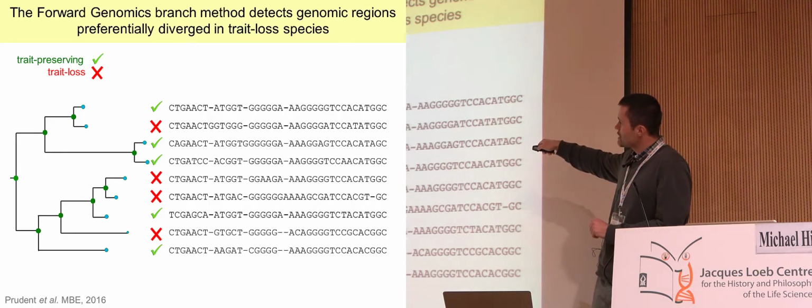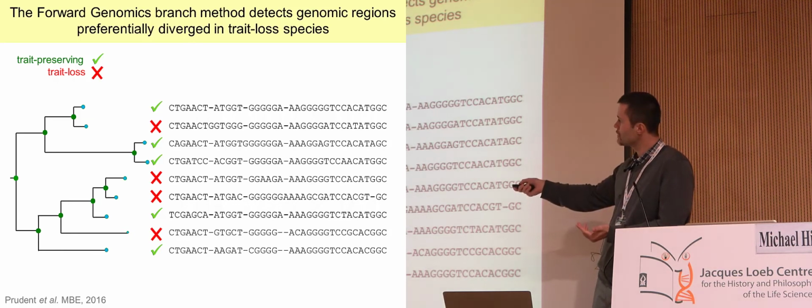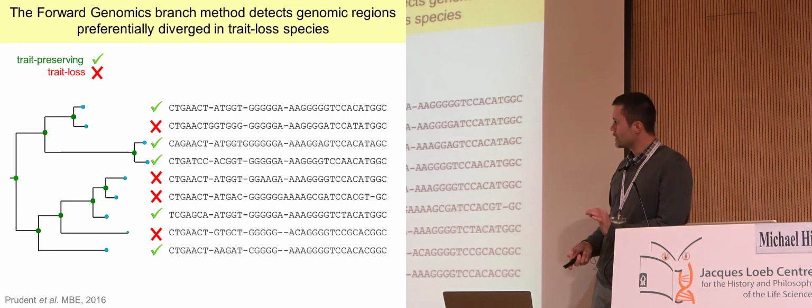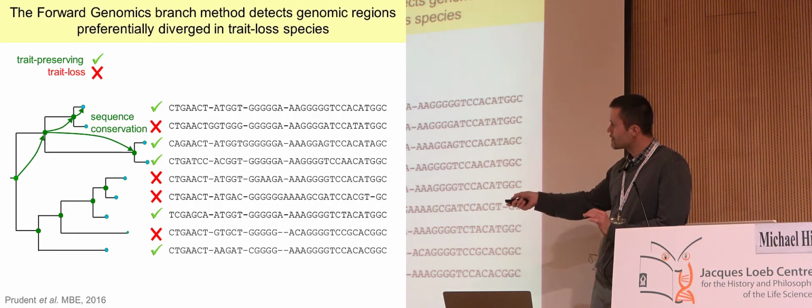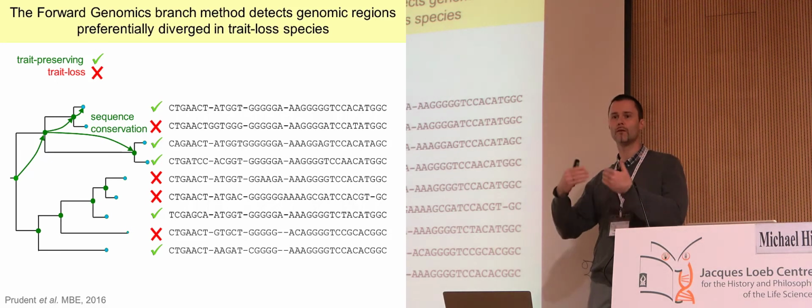These are the sequences at the tips here, and we can use maximum likelihood in this phylogeny to infer how these ancestral states, those internal nodes, looked. This allows us then to compare the start and end of every branch and measure how much of the sequence has been conserved on a particular branch.